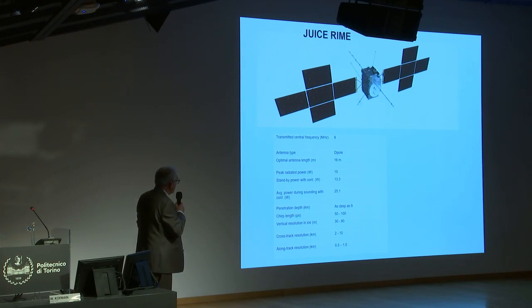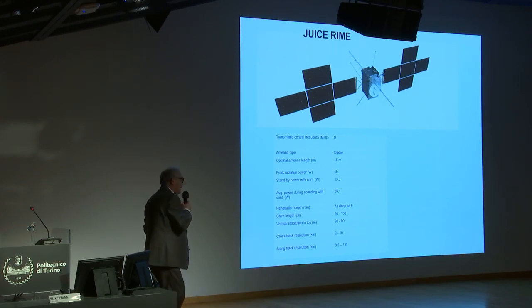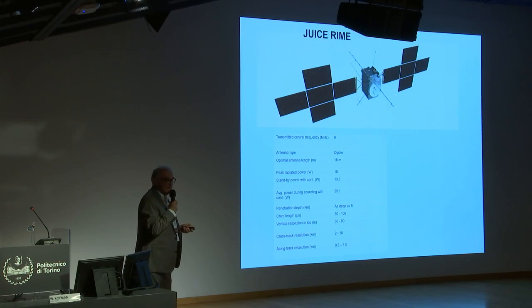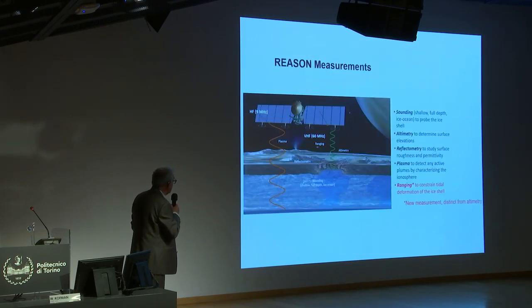And the radar is 9 megahertz, a dipole of 16 meters, it's a big dipole. And we think to penetrate, let's say, up to 10 kilometers inside the ice cover of Ganymede or Europa, we'll see.